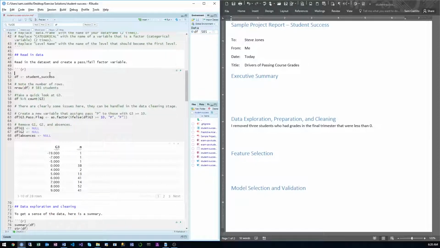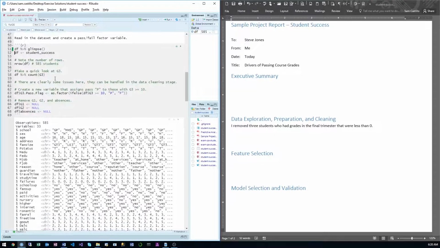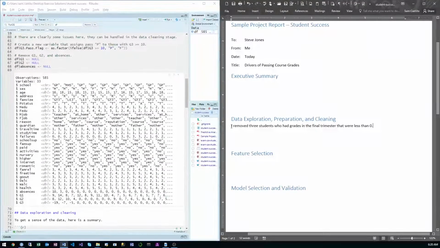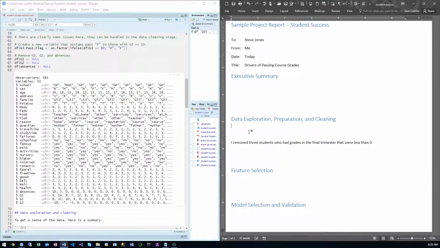And I like to start off just by summarizing the data overall. There were 29 predictor variables and 585 observations of students.